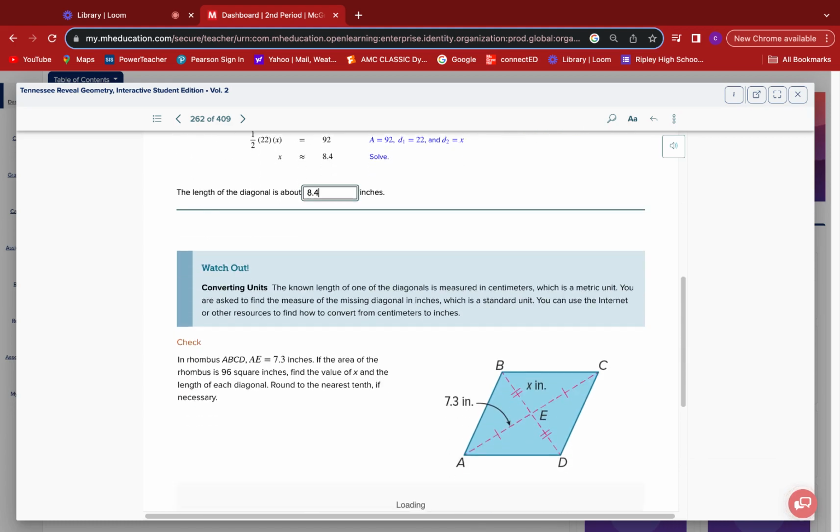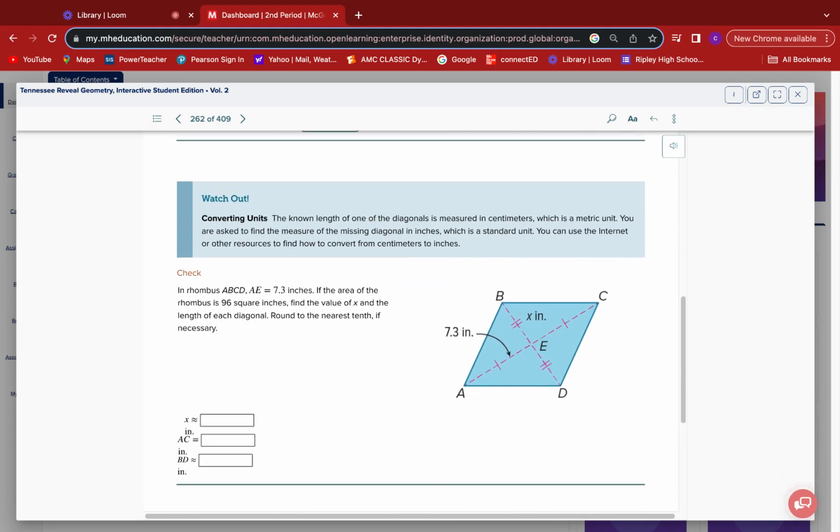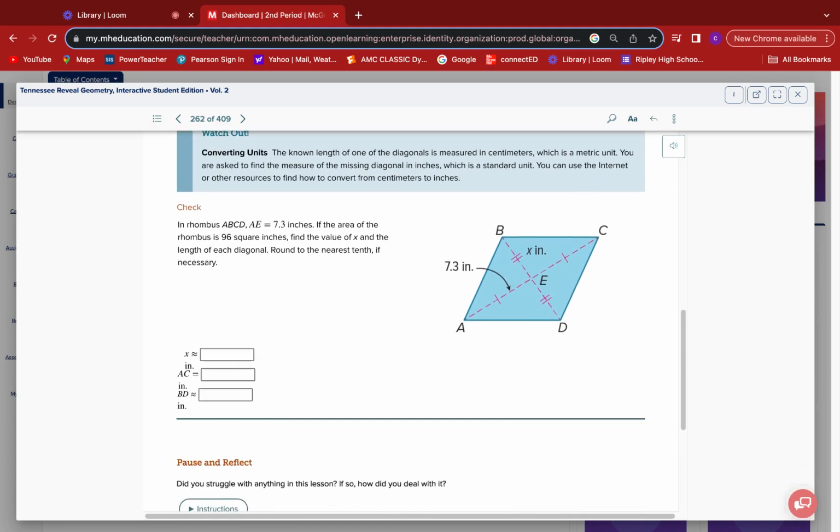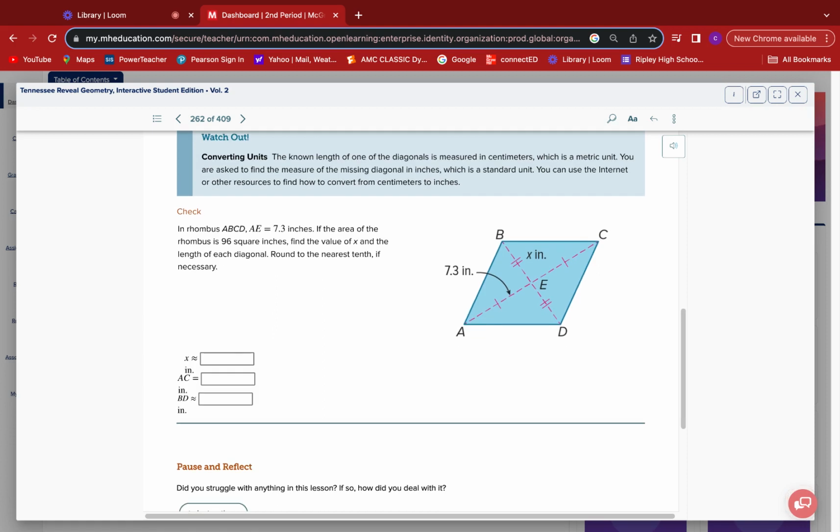All right. Oh, we got to check. Got to check. All right, looks like this is our last thing. We got a rhombus. It says A to E is 7.3. Don't forget, I've got to double that to find AC, which is one of the things I've got to find. Interesting. So A to E is 7.3, and because it's a rhombus, the diagonal was bisected.